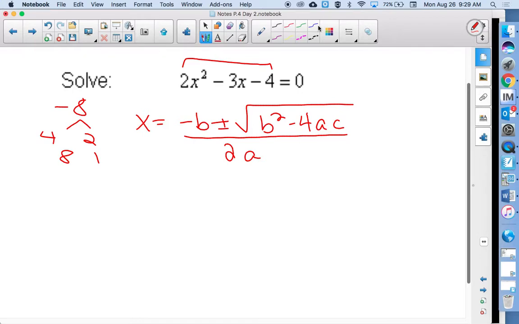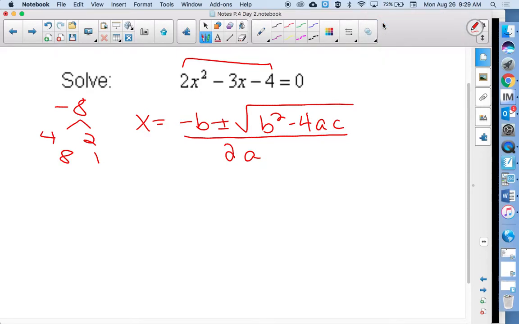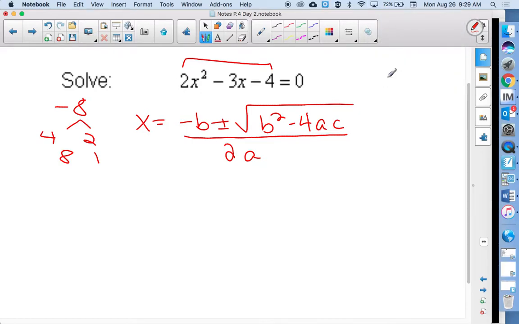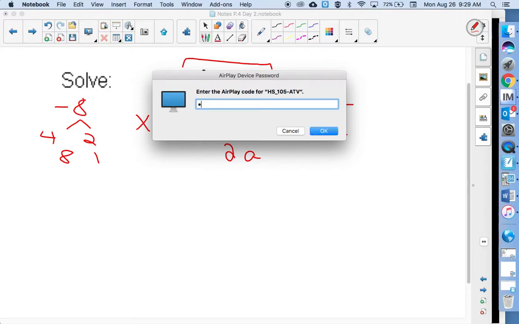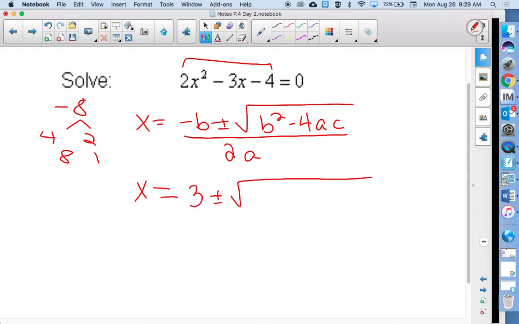See if you can plug them in and find the solution for this quadratic. Make sure you flip that negative 3 when you plug it into negative b, it's a positive 3.